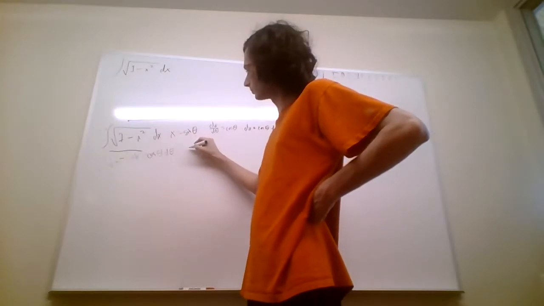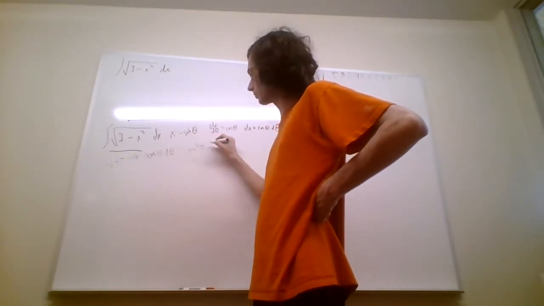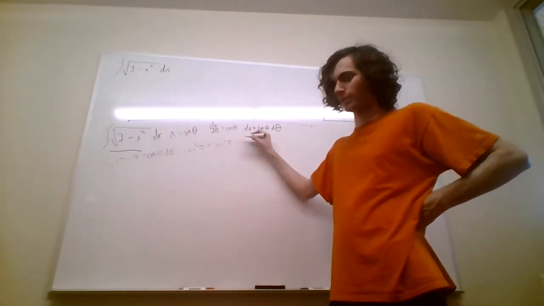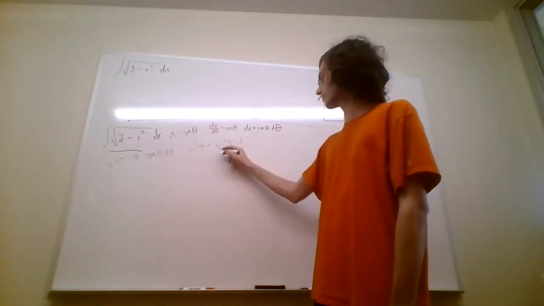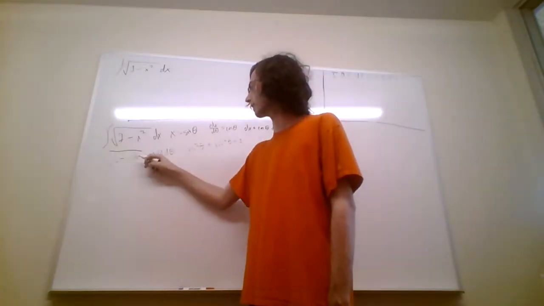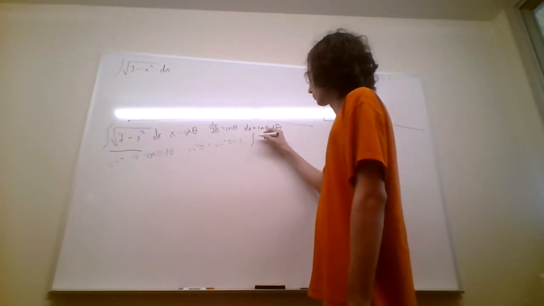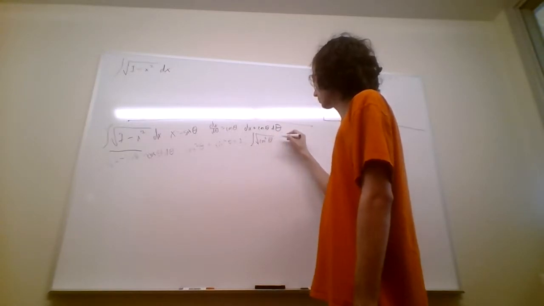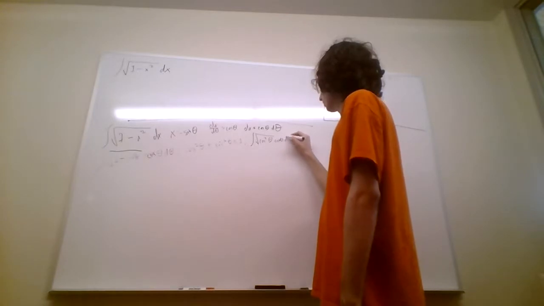You might know this: cosine squared theta plus sine squared theta is equal to 1. So if we subtract sine squared theta from both sides, we get cosine squared theta is equal to 1 minus sine squared theta, which is right in here. So I'll put that in there. And then we have the square root of cosine squared theta times cosine theta d theta.